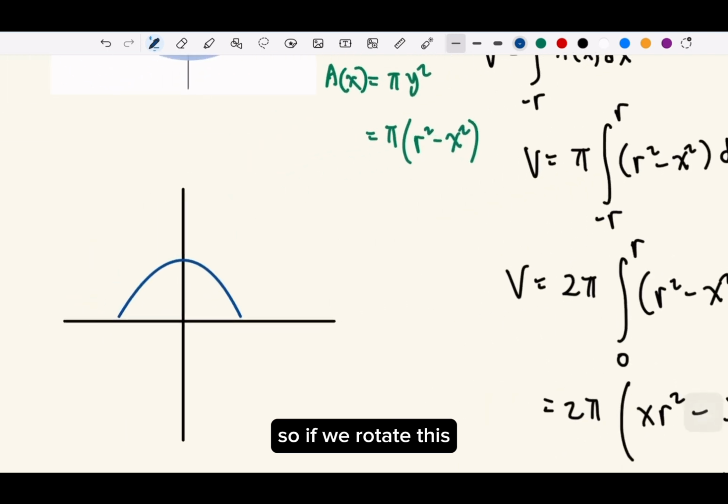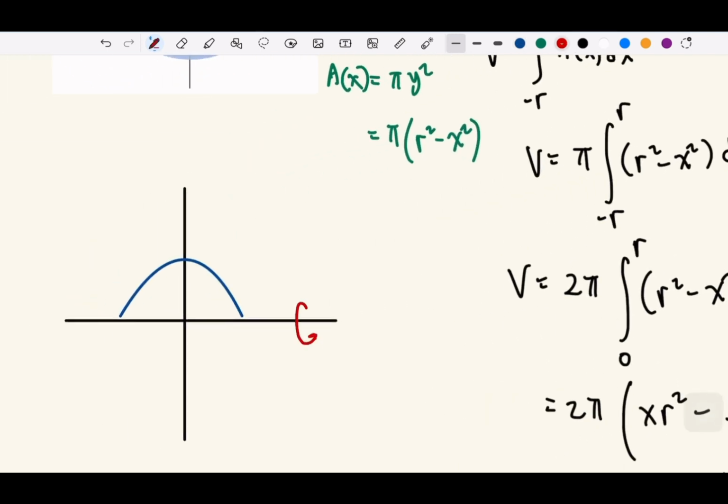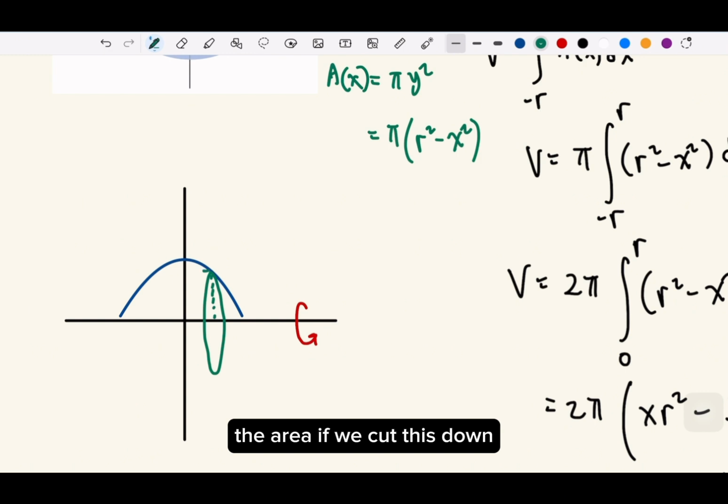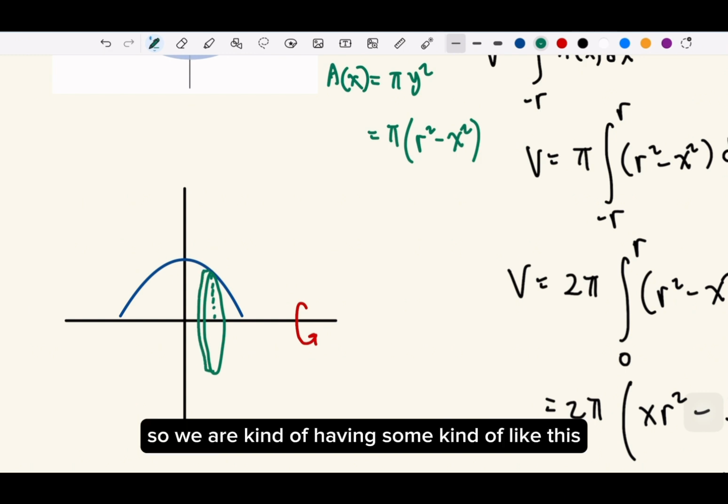If we rotate this, this will become the area if we cut this down.